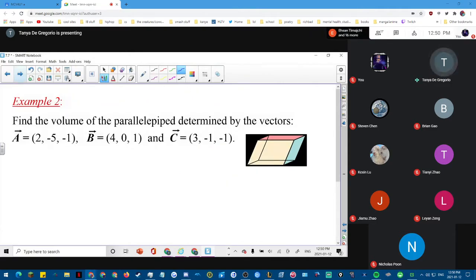Okay, example 2. Find the volume of the parallelepiped determined by these vectors. So now I have vectors and we want to know the volume. So it's my formula.